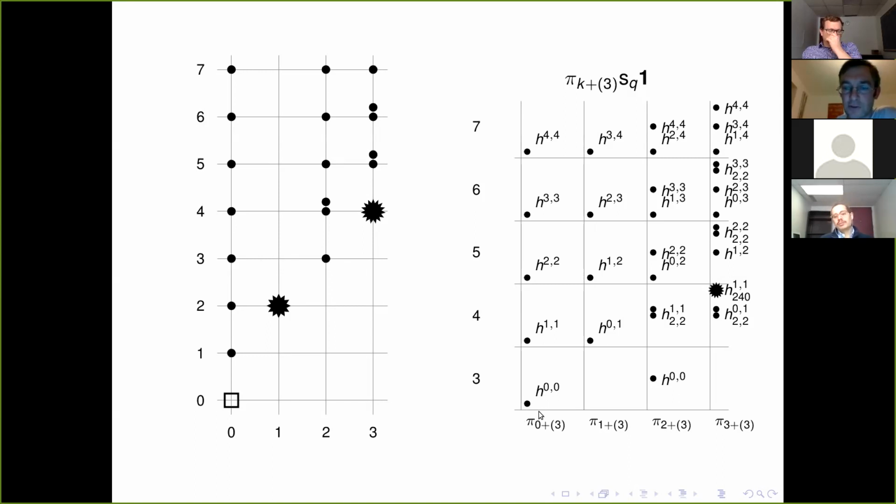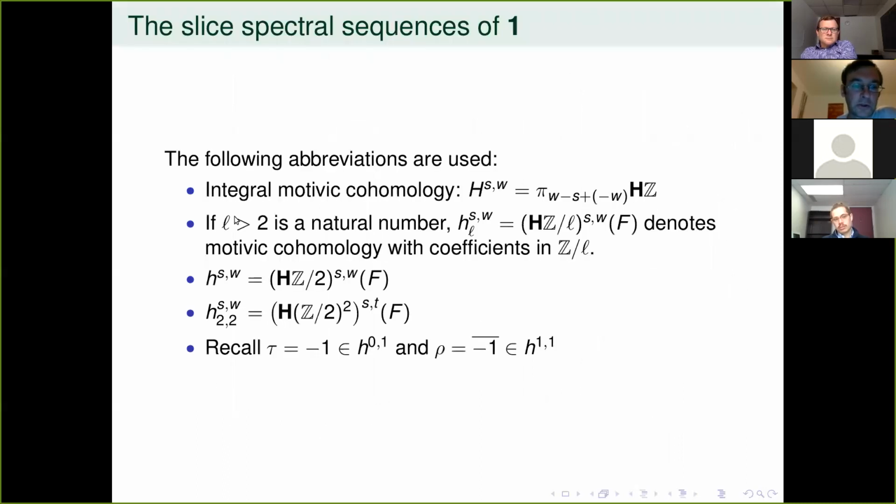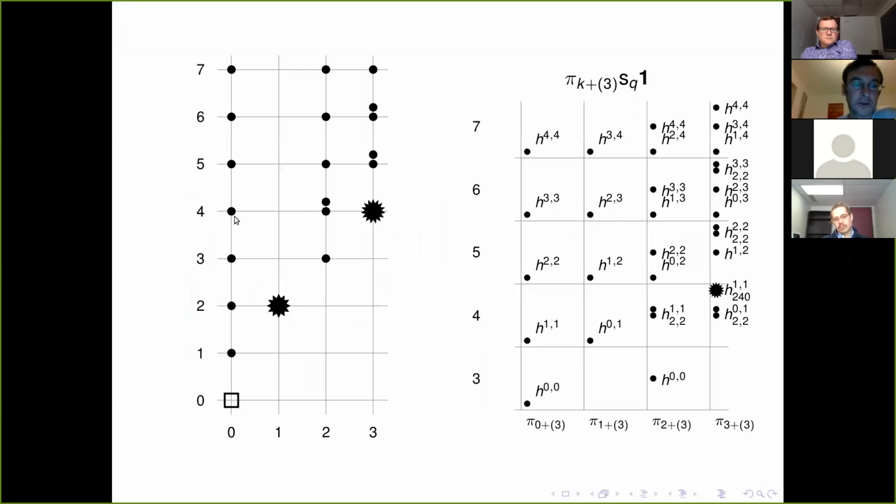So you see the H00 here and the H00 here. They correspond. And what comes in from the 4 slice, so you have the fourfold suspension of mod 2 motivic homology. This gives you already 2 groups on the E1 page.